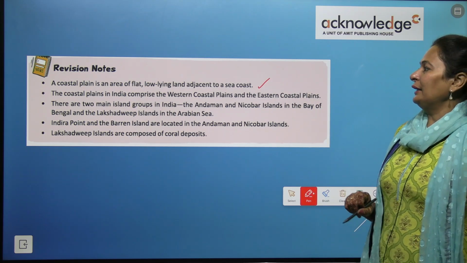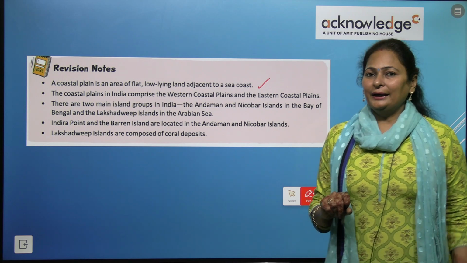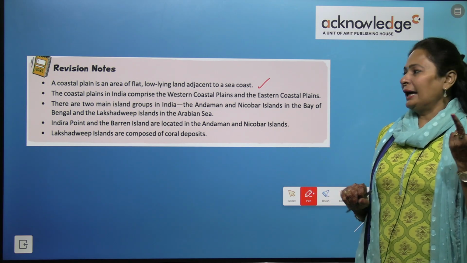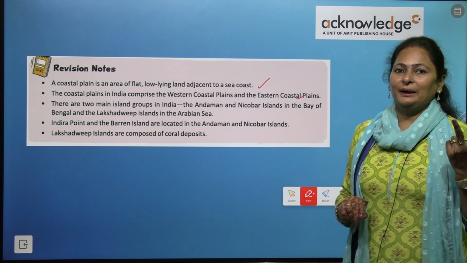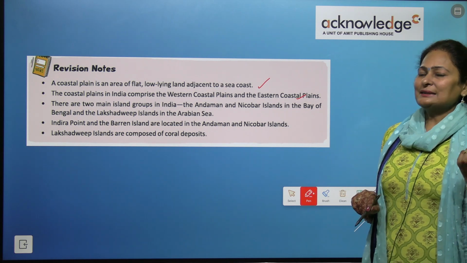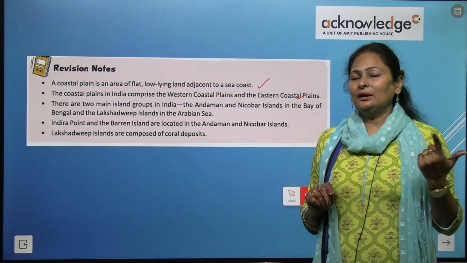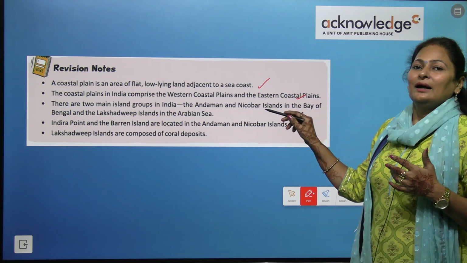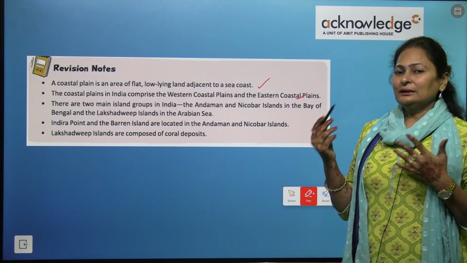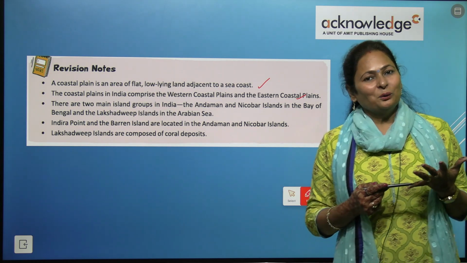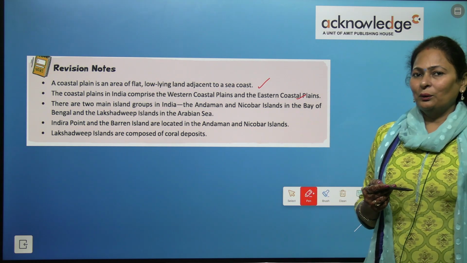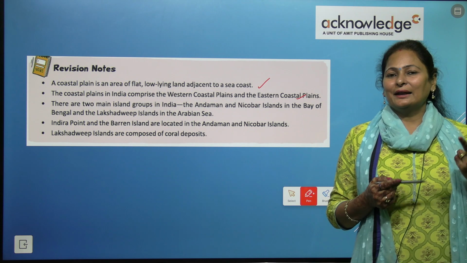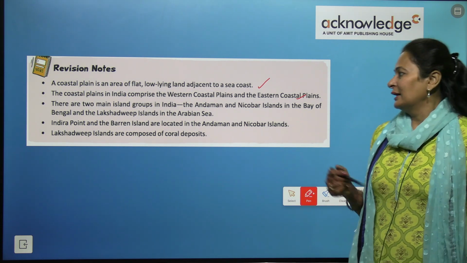Now, the coastal plains in India comprise the western coastal plains and the eastern coastal plains. Western coastal plains are again divided into three: Gujarat coast, Konkan coast and Malabar coast, and the eastern coastal plains are divided into two: what? Coromandel coast and Northern Circars.